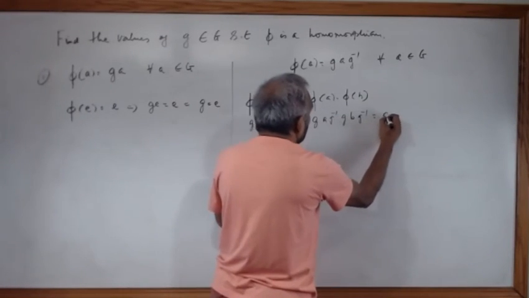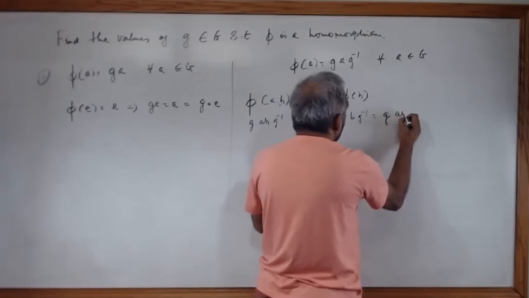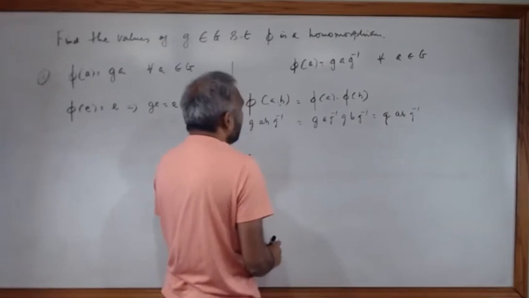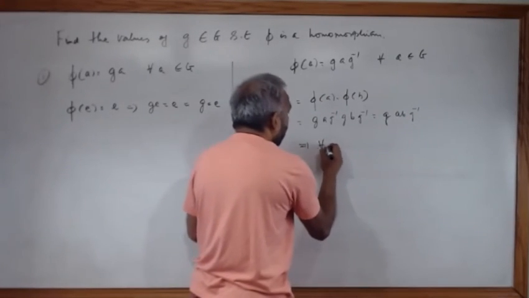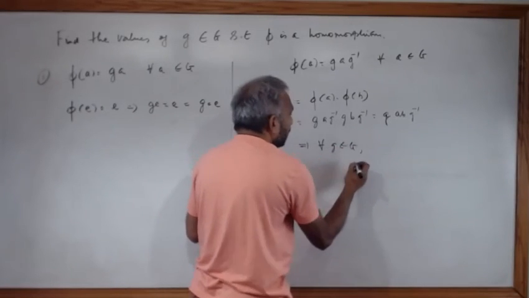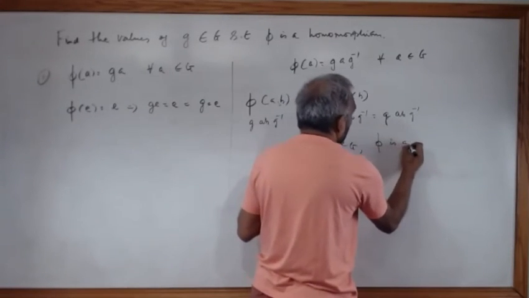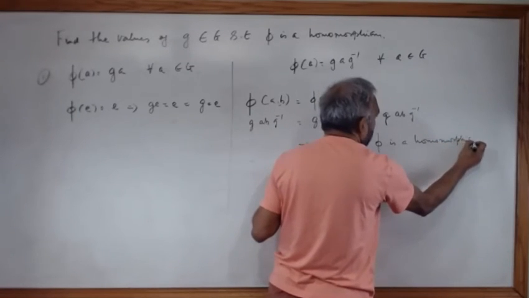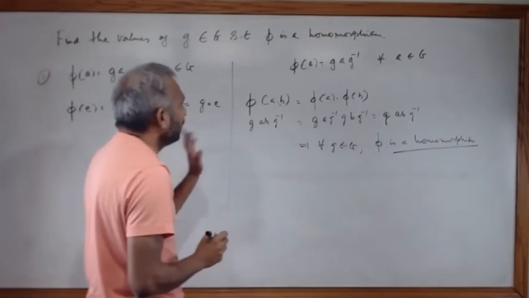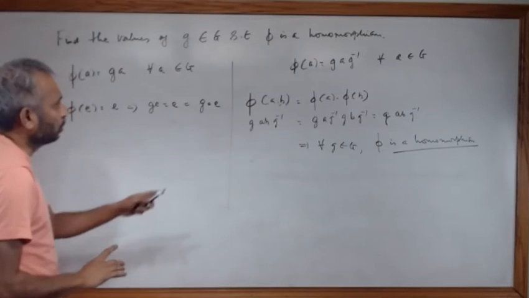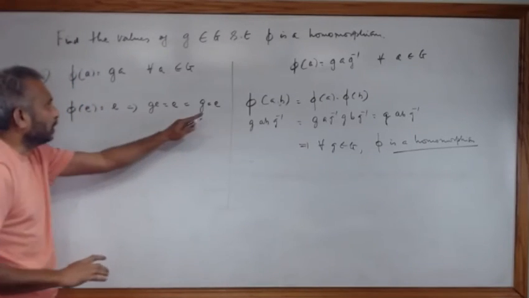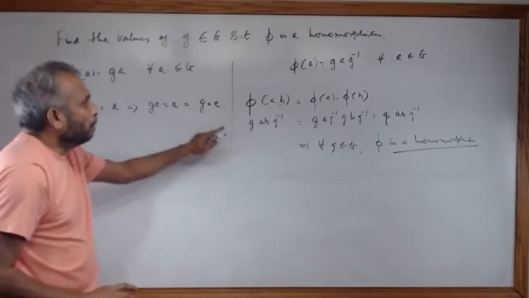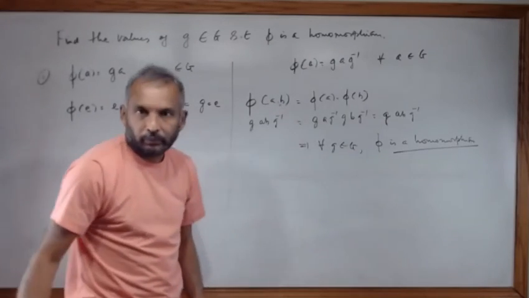And that is equal to g ab g inverse. And that implies for all g in G, phi is a homomorphism. If you take any g, this will become a homomorphism. So those are the values. Here g must be equal to e, but here g can be anything.